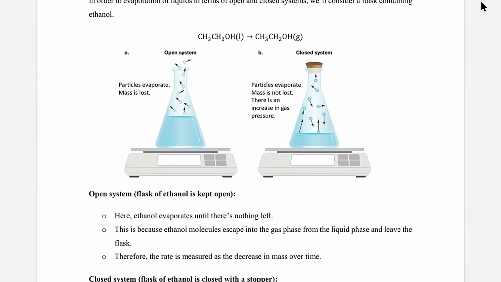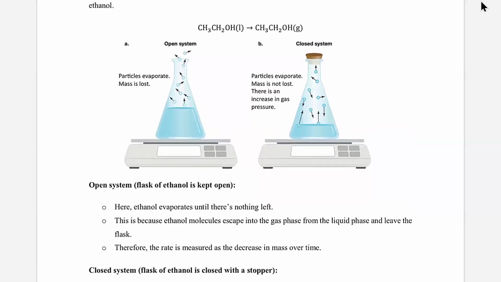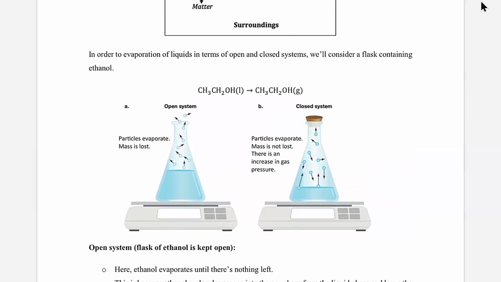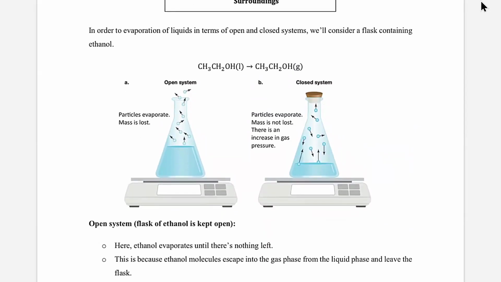Now here you have an open system and a closed system. We have ethanol here, and you let the ethanol evaporate, and that's an open system. Open system means particles can go out and energy can go out, not just out, both ways.